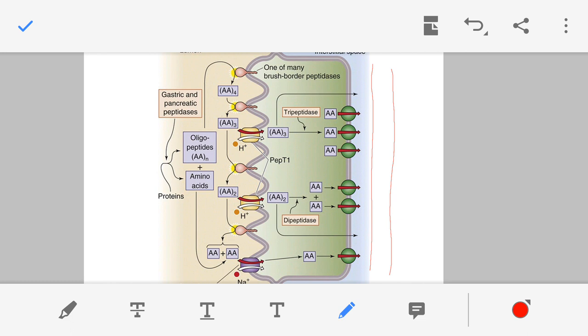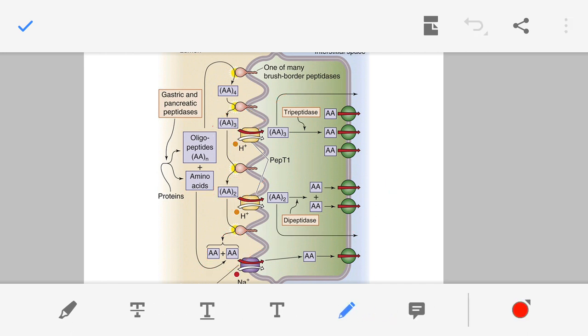So the absorption of protein means the transport of tripeptide into the blood capillary, transport of dipeptide into the blood capillary, and transport of amino acid from the enterocyte to the blood capillary. This process is known as the absorption of protein.